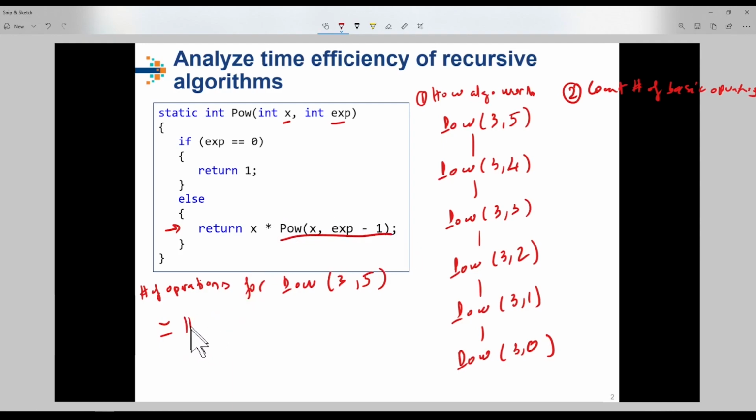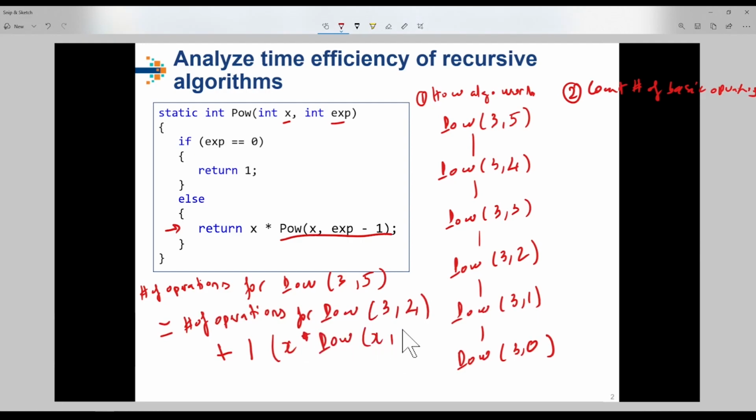It becomes the number of operations for power 3, 4, this one being 5 minus 1, 4, together with one more operation, x multiplied by the result. So this is one more operation, x multiplied by power of x and exponential minus 1.